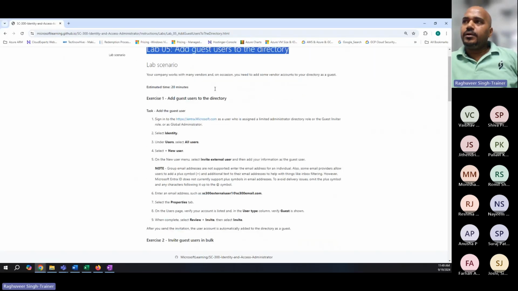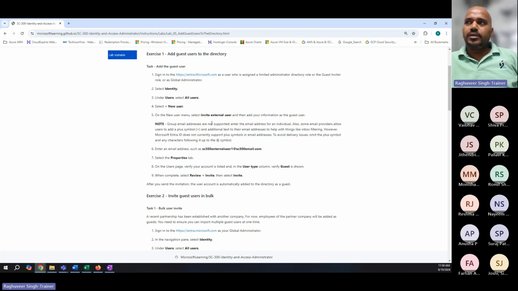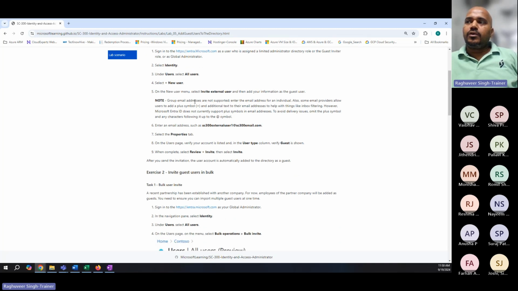In this lab, you basically navigate to Entra, then you click on Identities, All users, New user, and then you invite user. Obviously in the lab, they are inviting a user which they've already configured in the backend, but you go ahead and invite a Gmail user.